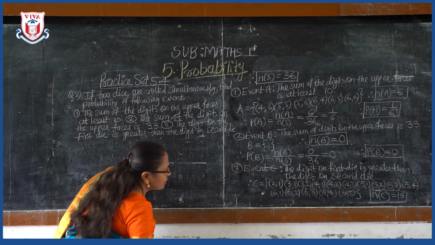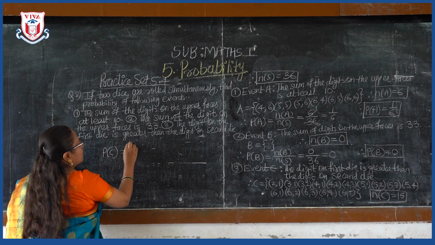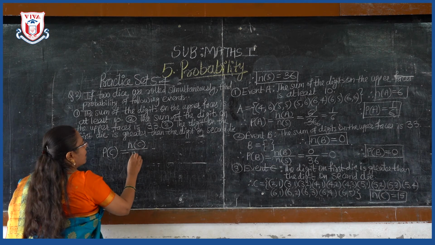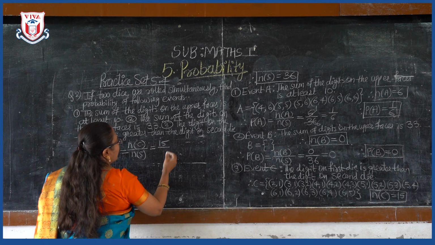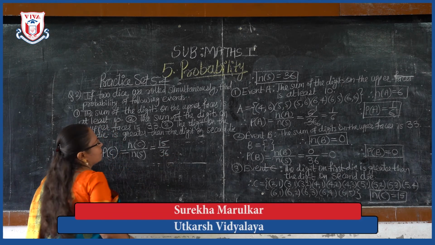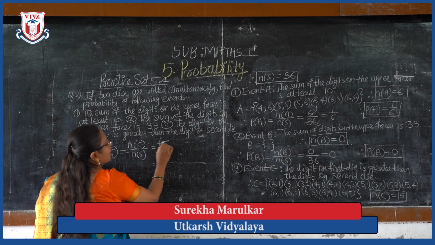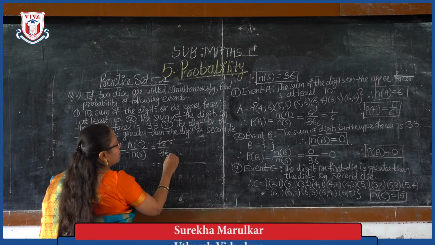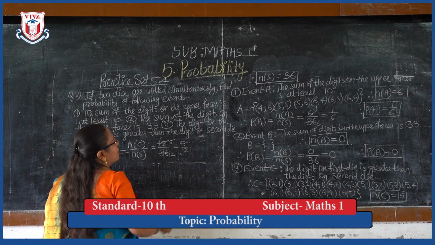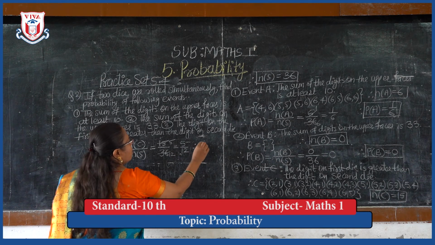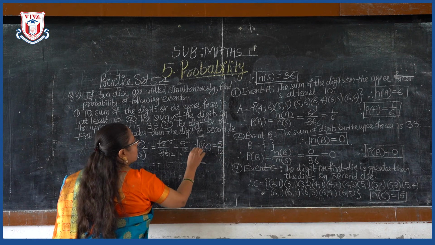Probability of event C is equal to N of C upon N of S. N of C is 15 and N of S is 36. Now 15 and 36 both are divisible by 3. 3 5s are 15 and 3 12s are 36. So here we got 5 upon 12. So therefore P of C is equal to 5 upon 12.